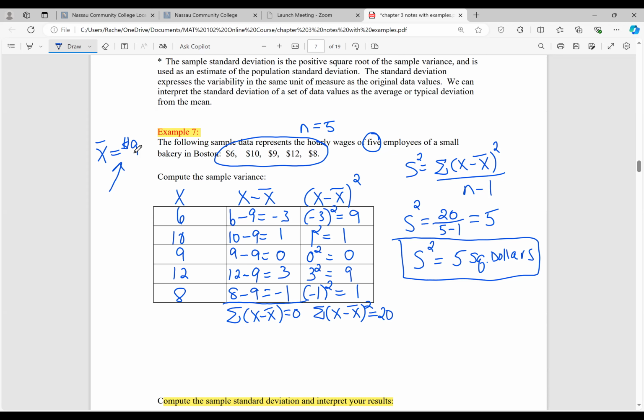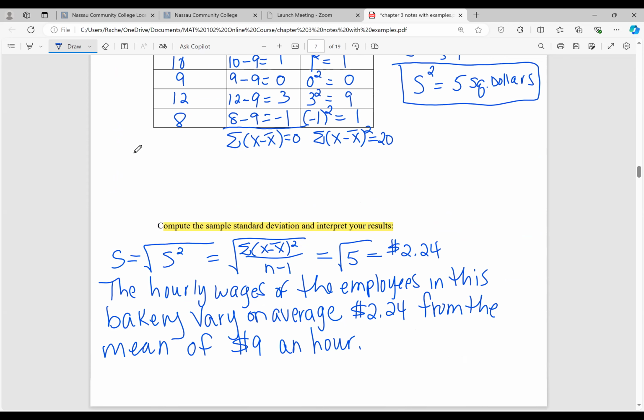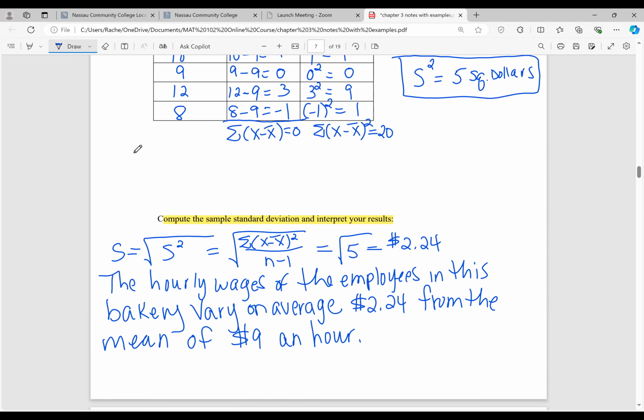But going forward, I don't want you to spend all this time trying to calculate these things by hand. I want you to take advantage of the technology and use the calculator. So let's get this same answer, this $2.24, the sample standard deviation, but now using the calculator.